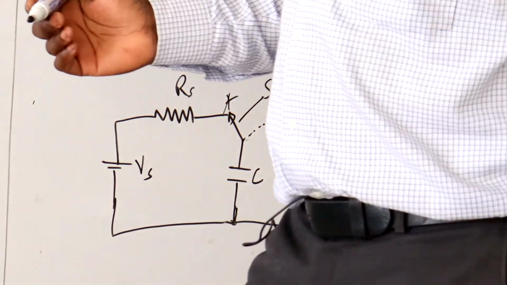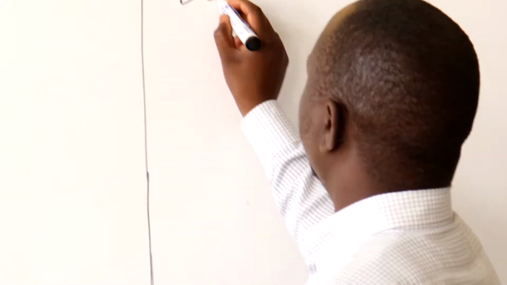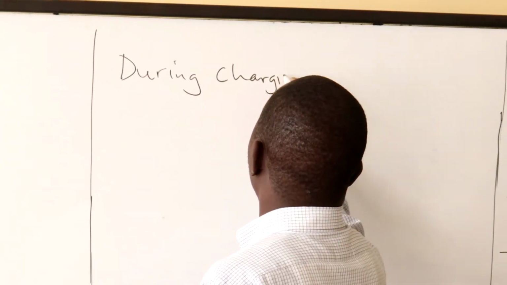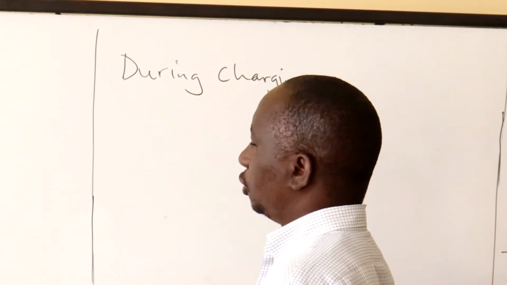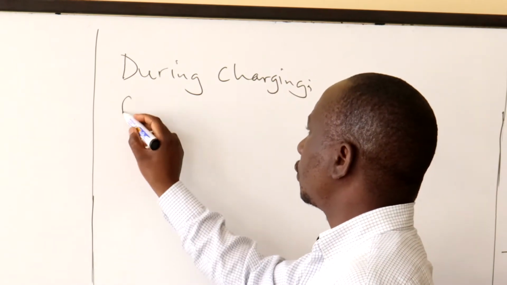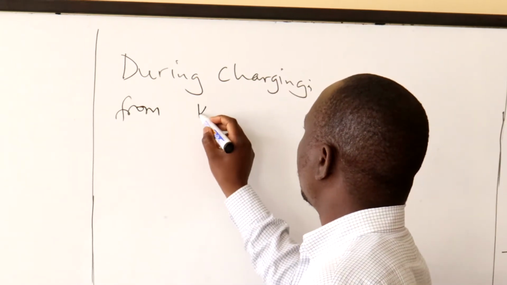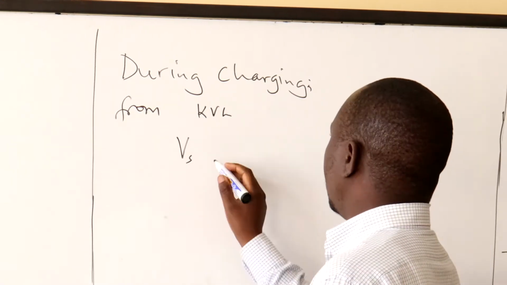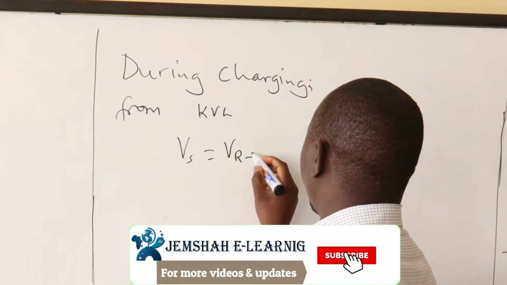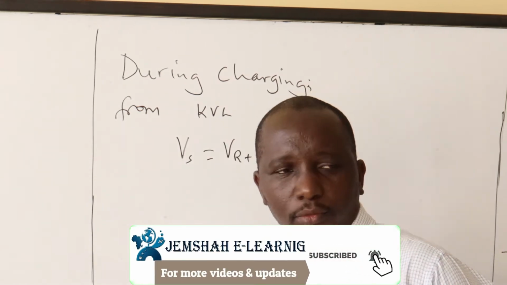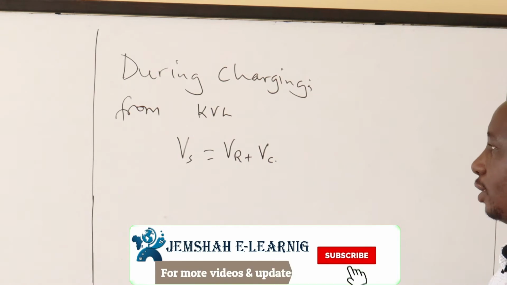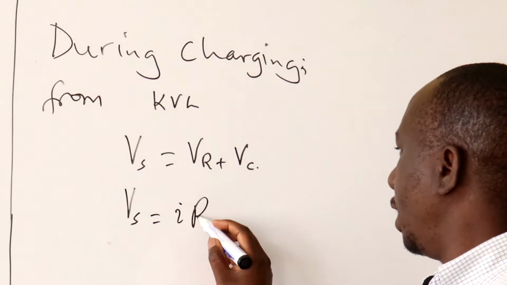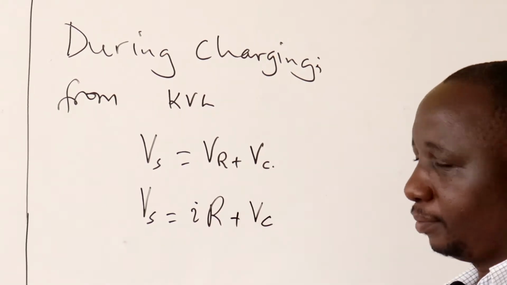So during charging, from Kirchhoff's voltage law, V of S is V of R plus V of C. And we also know that V of S is I of R plus V of C.